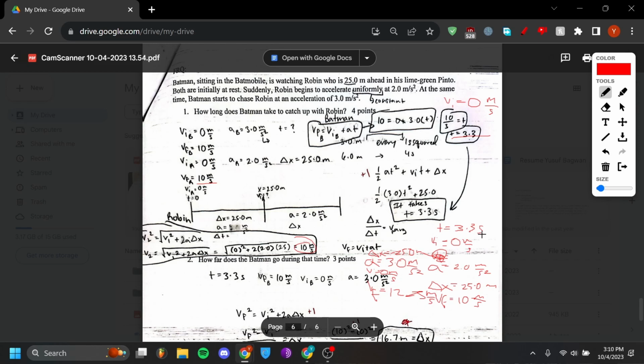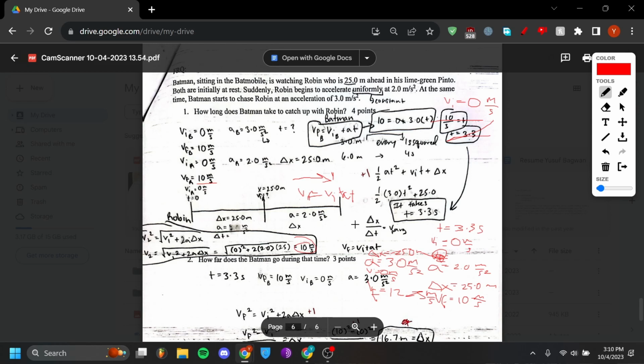All right. So, how long is it going to take Batman to catch up to Robin? That's wrong, by the way. So it's just going to be VF equals VI plus AT, because Batman is not going to have the same velocity final as Robin.